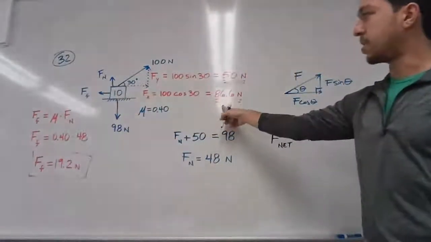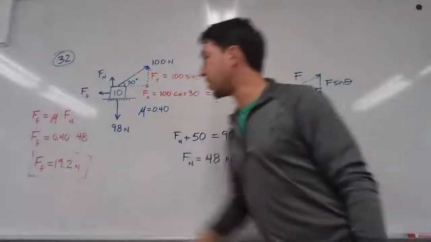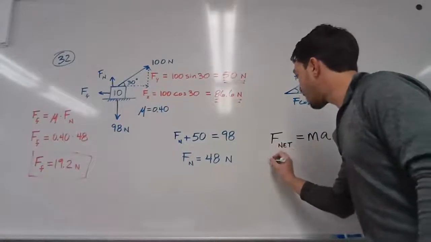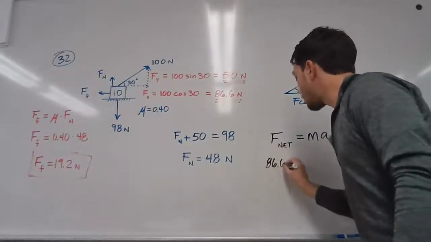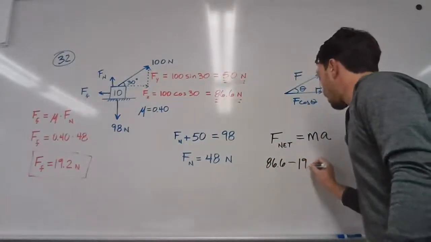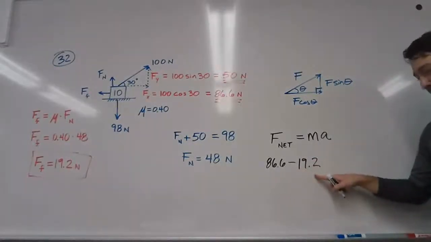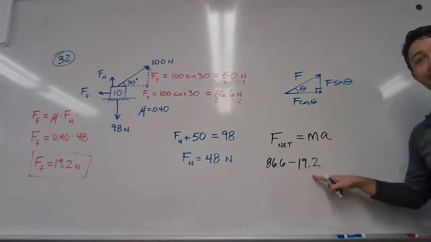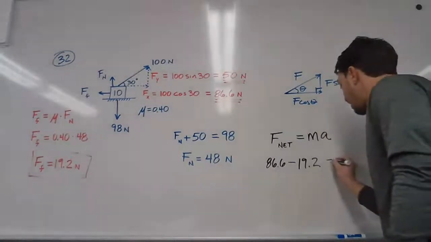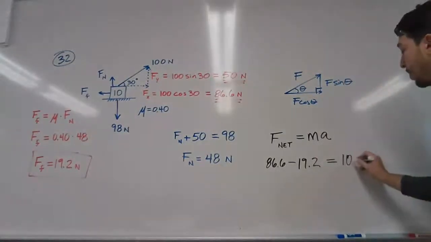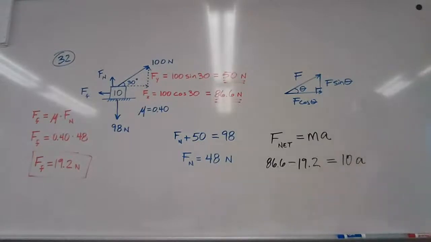So there's 86.6 pointing to the right and 19.2 pointing to the left. So my net force is 86.6 minus 19.2. Then set it equal to MA, and you'll get the acceleration.